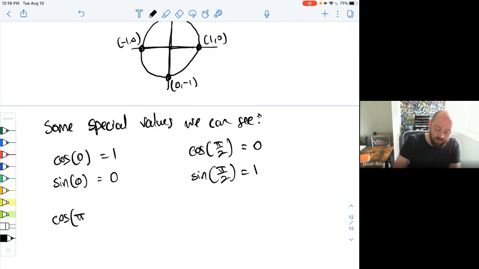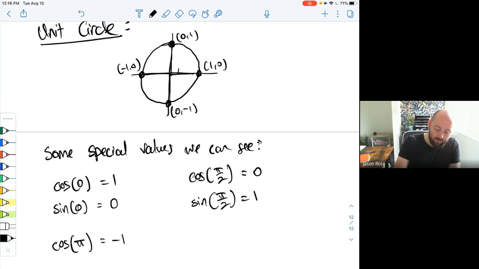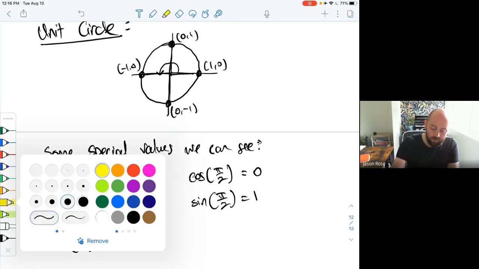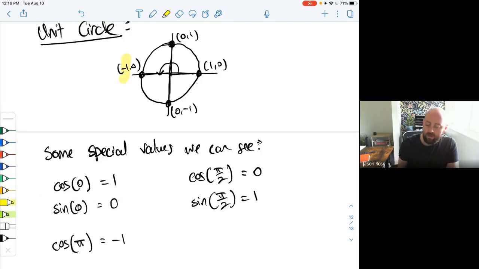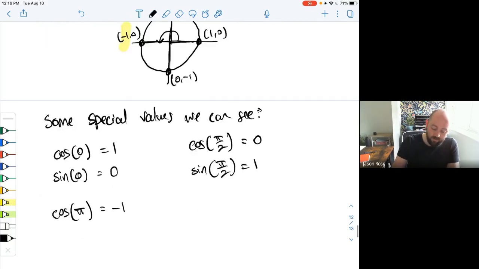Cosine of pi will be -1 because pi radians would be this one here. And remember, cosine is the x coordinate. So cosine of 180 degrees will be -1. And sine of 180 will be 0. Sorry, I was doing cosine first, wasn't I?